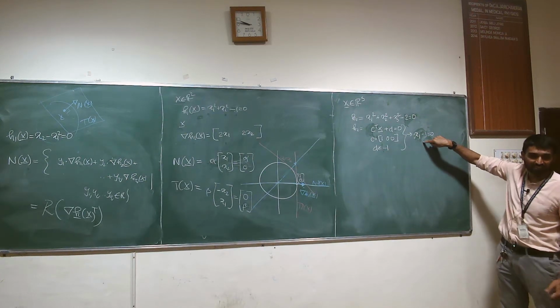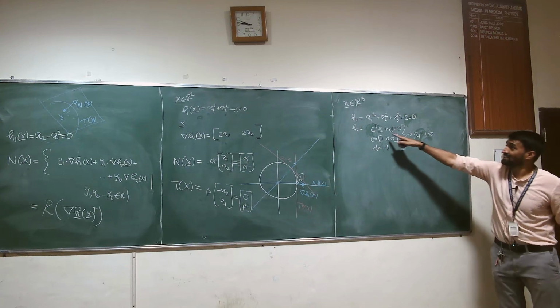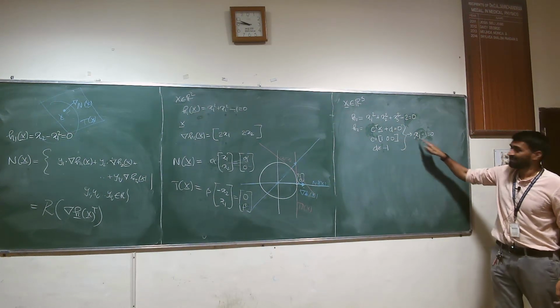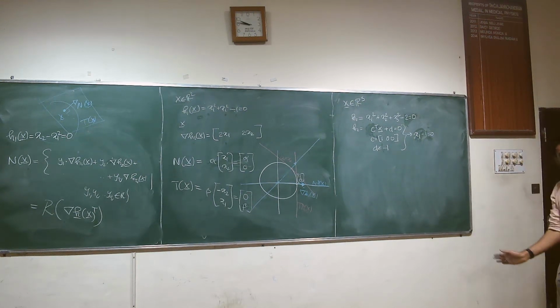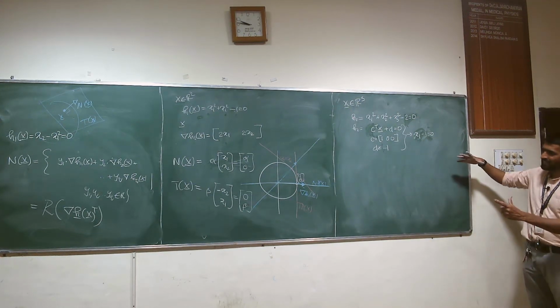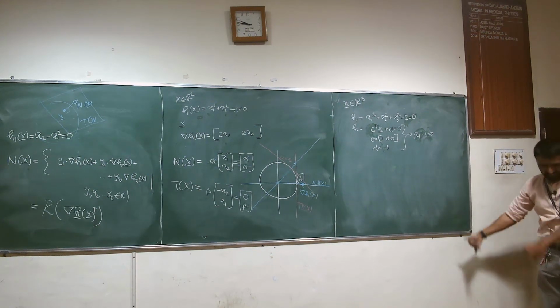But we have an additional constraint, which is where is this plane? Yes, it's the x2, x3 plane, but not at the origin, but shifted by 1 along x1, right? That means it's the intersection of the sphere of radius 2 and this plane here.